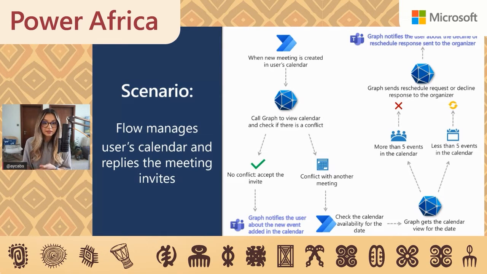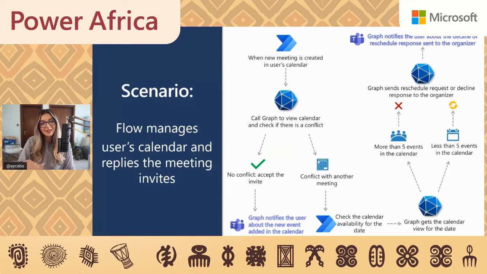If there's a conflict, then we continue our flow by checking the user calendar. If there are more than 5 events until the end of the day, then we reject the event. We just say decline because it's a quite busy day. If there are less than 5 events, then we say I'm not available that time, but can we reschedule, and so on.